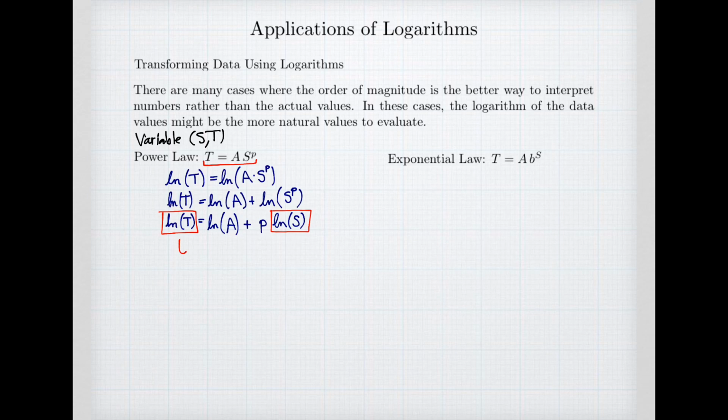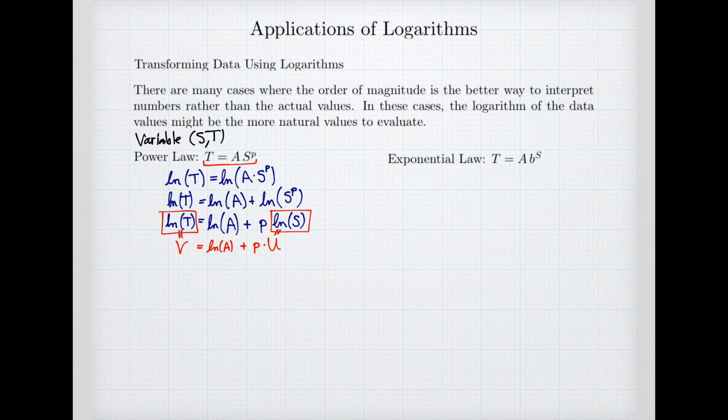Let's use v, and it's equal to some number, natural log of a, plus a power, and then the natural log of s, which is again a variable, so let's call that a new transformed variable. So natural log of t and v are the same, and natural log of s and u are the same.